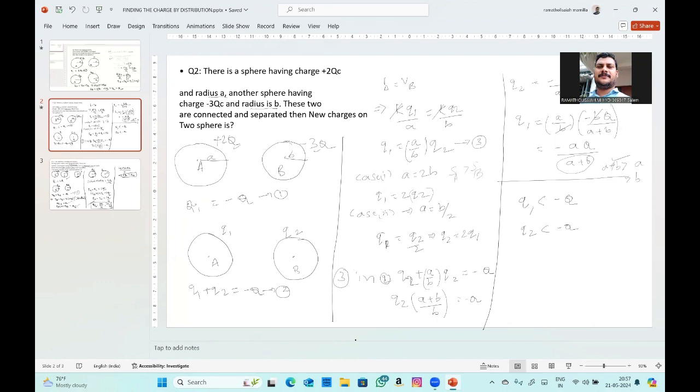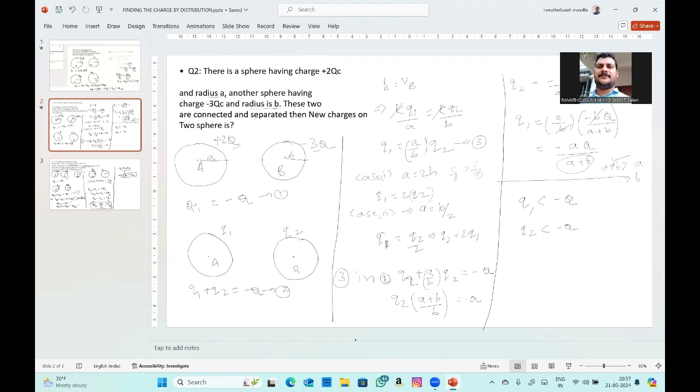Here the distribution of charge depends on the size of the body, that means how big or how small it is. If it is big, more charge resides on it. If small, it takes less. See here, I have given case 1 and case 2 to support that statement.